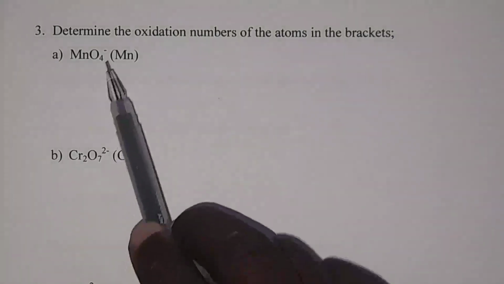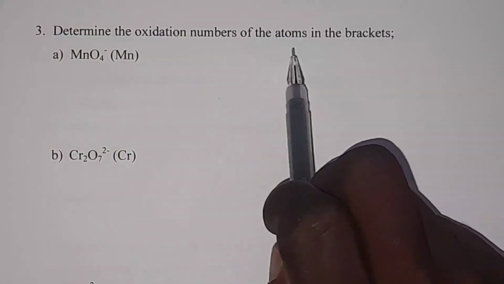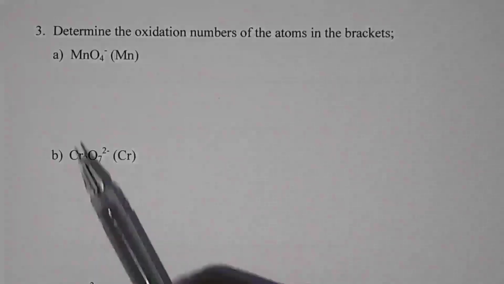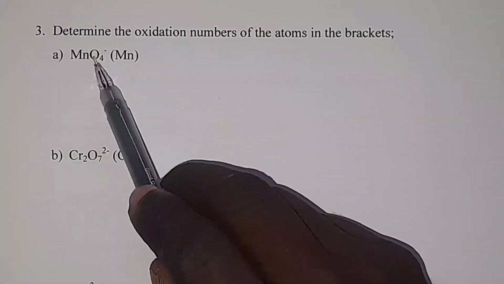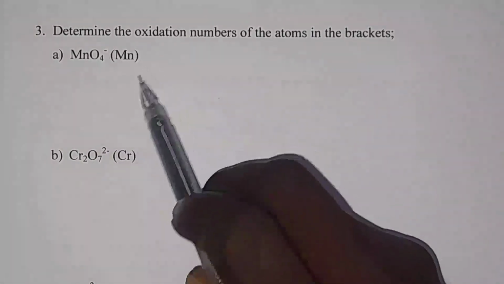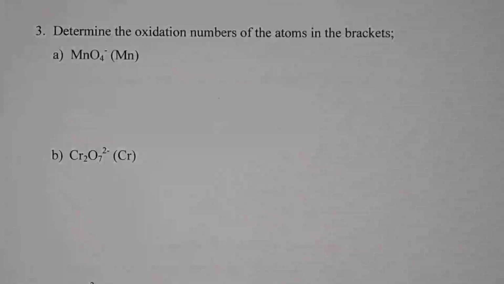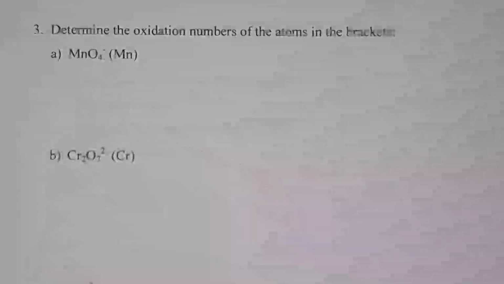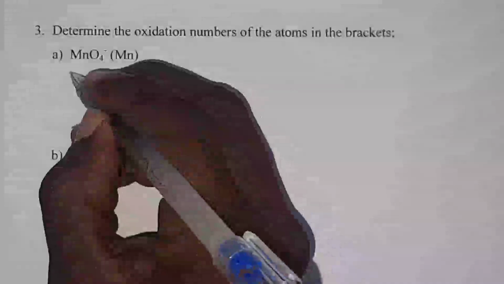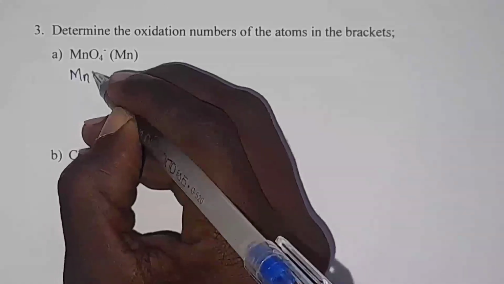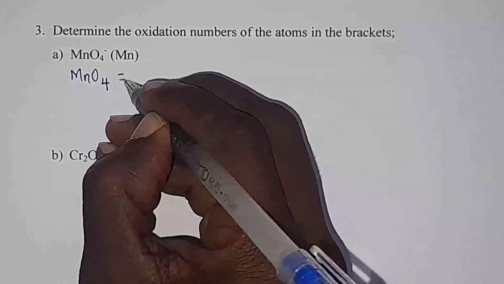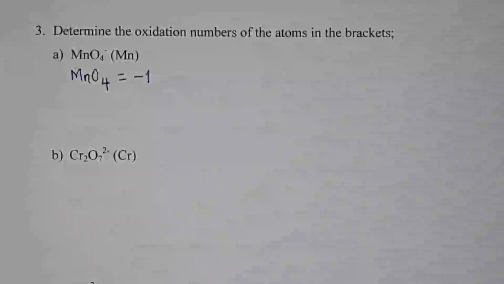Example 3, we are told determine the oxidation numbers of the atoms in the bracket. So we are given MnO4 negative. Then we are supposed to get the oxidation number of Mn. Okay, so this is an ion. So that means MnO4 will be equal to -1, because we have the charge.